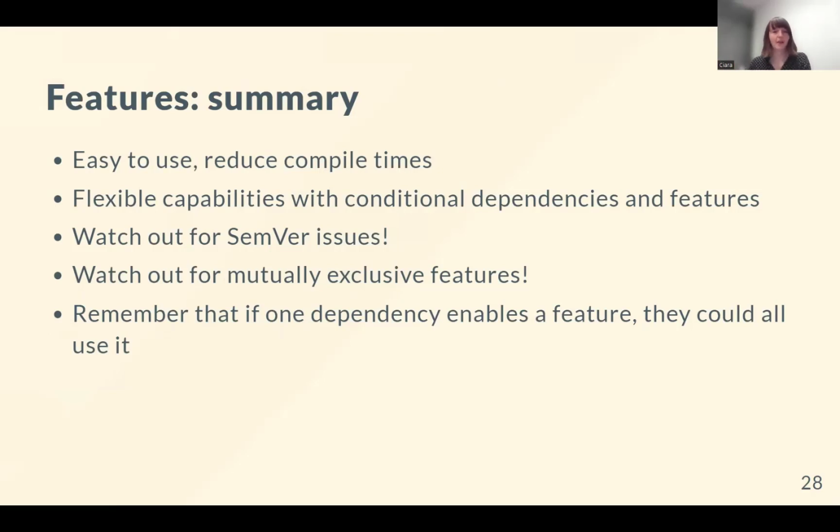You do have to be a little bit careful with semantic versioning to make sure that your features aren't changing behavior. And you also have to make sure you don't have mutually exclusive features, because that will get you into trouble if there are multiple dependencies relying on different features. And that's, crucially, because if one dependency in your whole dependency tree enables a feature, that means all of your dependencies use it.